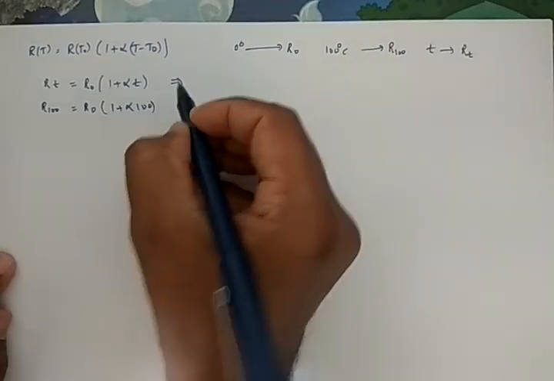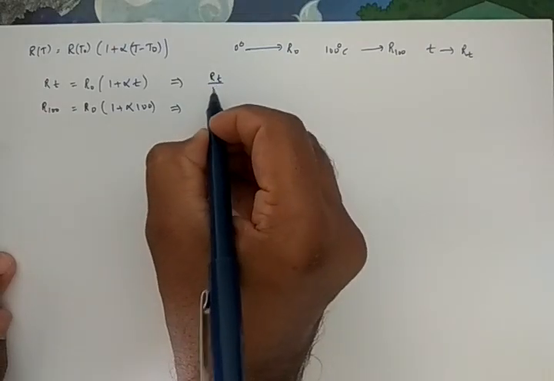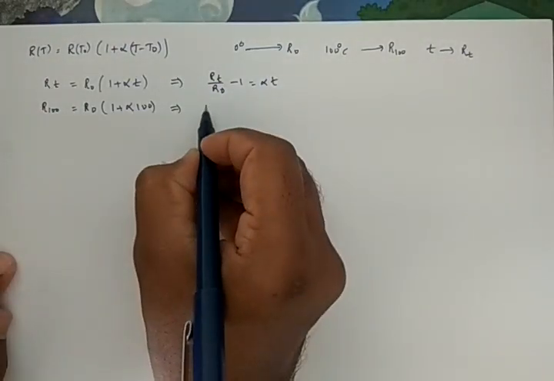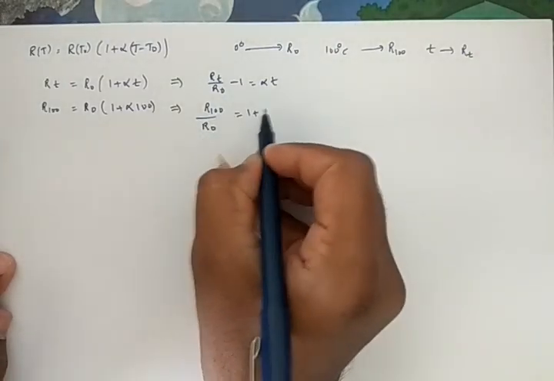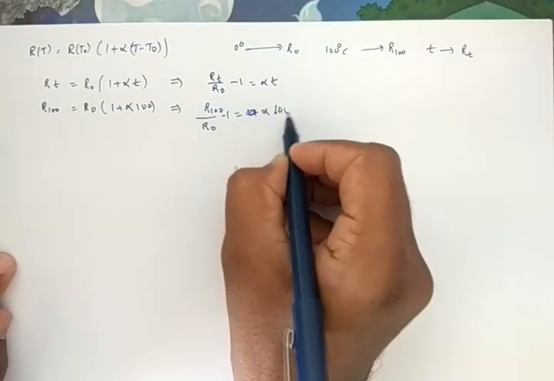So this implies RT by R0 minus 1 equals alpha T, and R100 by R0 minus 1 equals alpha 100.